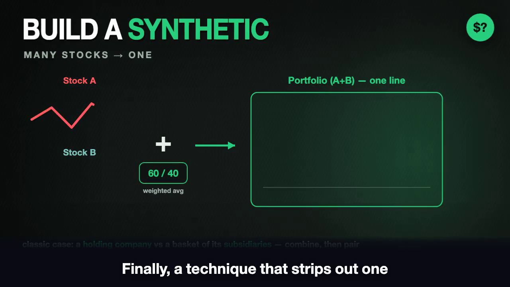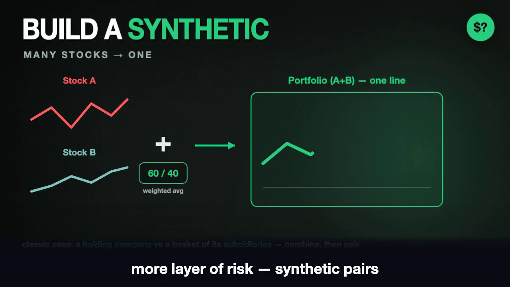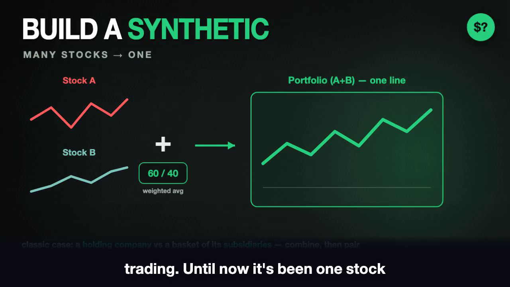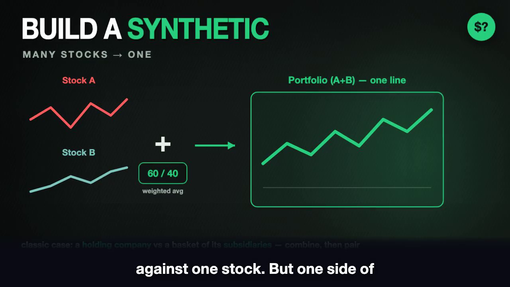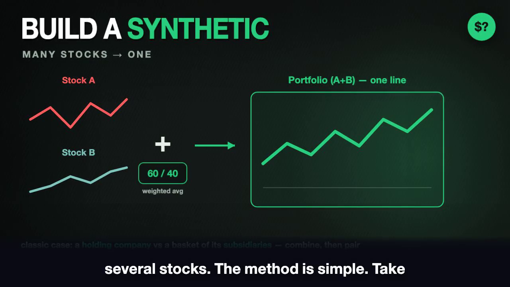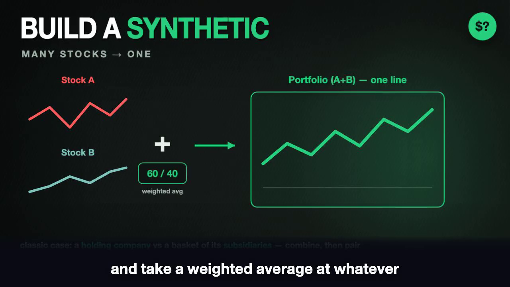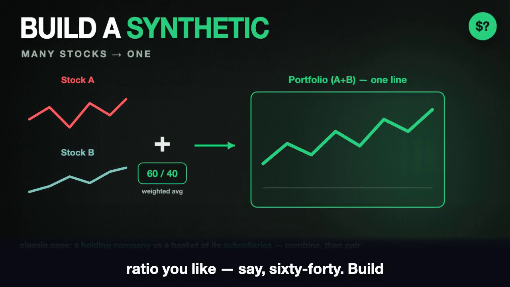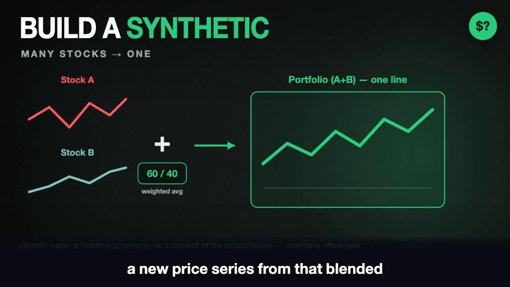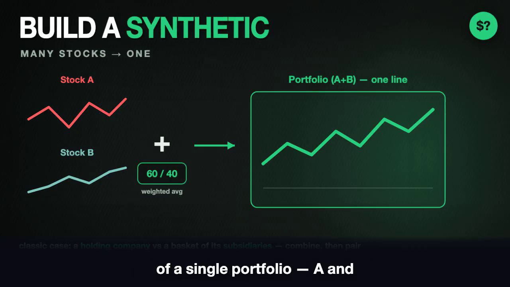Finally, a technique that strips out one more layer of risk. Synthetic pairs trading. Until now, it's been one stock against one stock, but one side of the pair can be a basket of several stocks. The method is simple. Take the returns of stocks A and B and take a weighted average at whatever ratio you like. Say 60-40. Build a new price series from that blended return, and you get the price chart of a single portfolio, A and B held in that mix.